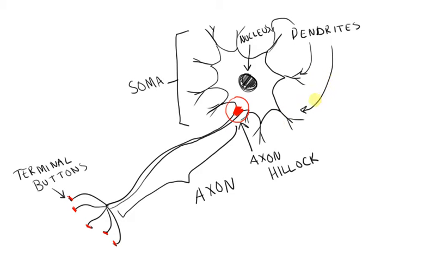Alright. So some neurons are going to be myelinated and some will not be. Neurons generally have myelin to speed up the signal that gets sent down the axon, the action potential.